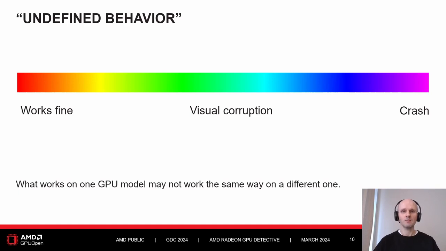Please note that what works on one GPU may not work on another one, coming from a different vendor, for example AMD versus NVIDIA, or a different architecture and model, for example Radeon 6000 versus 7000 series card, or even depending on the version of the graphics driver or the operating system. If something works on one type of GPU and doesn't work on another one, it is still likely a game bug and not a driver bug.